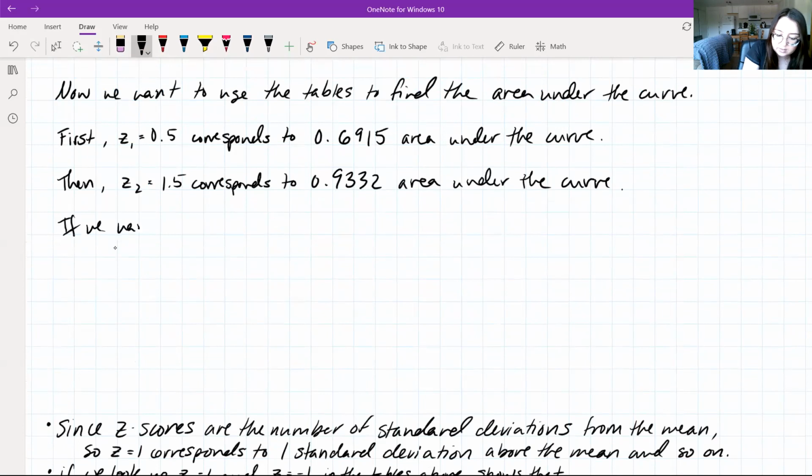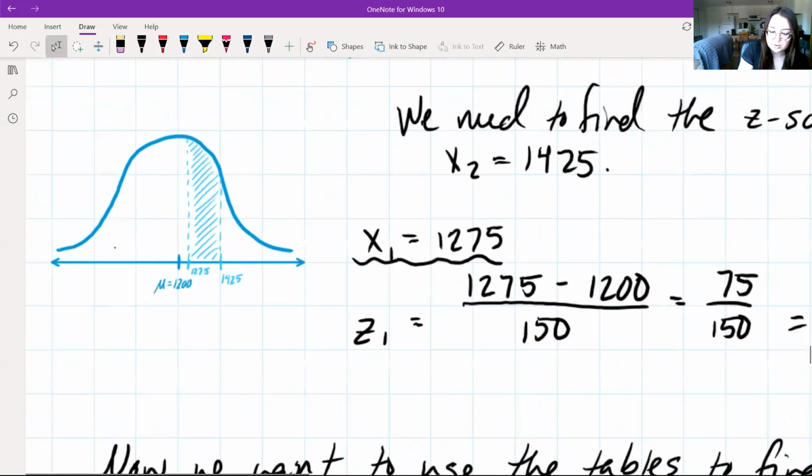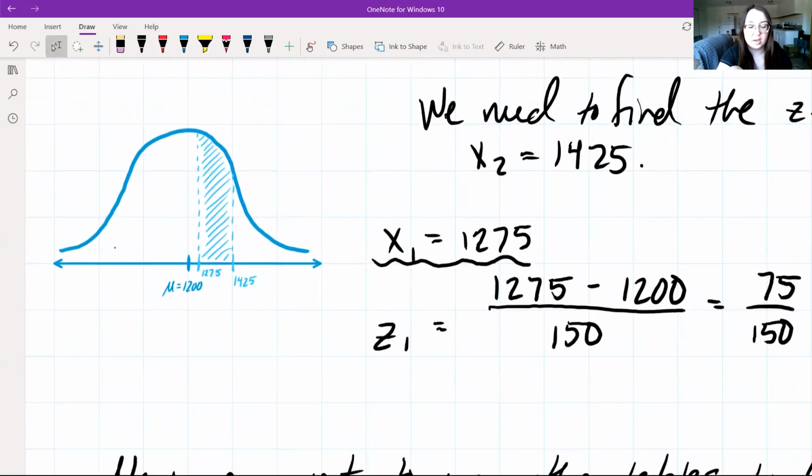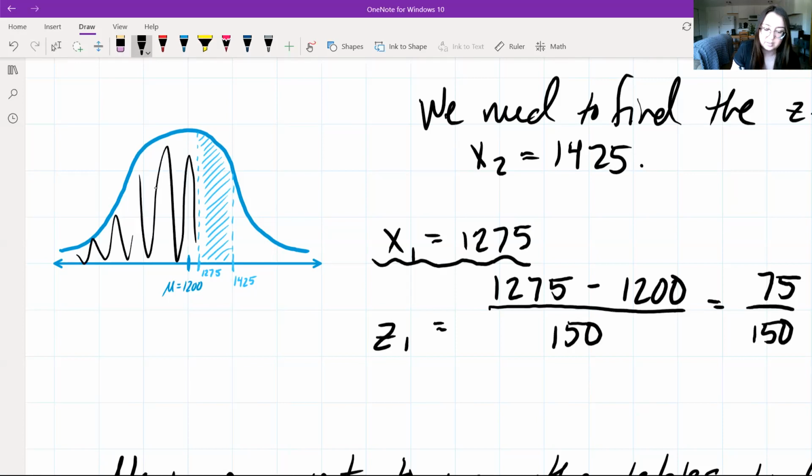Now, if we want to find the area in between, I just drew up an example of a normal distribution here. So if our mean here is 1200, our first value was 1275 and our second was 1425. If we have this shaded region, 1275 represents any area to the left.